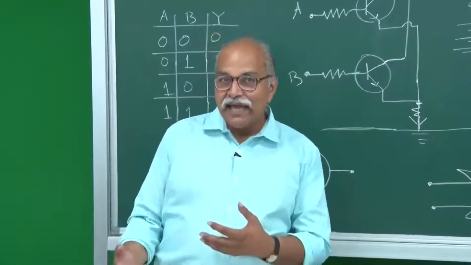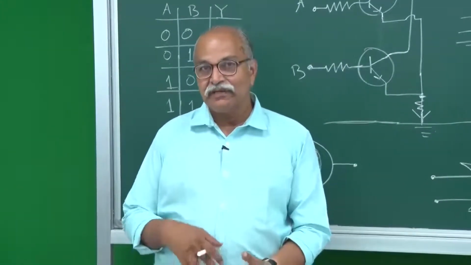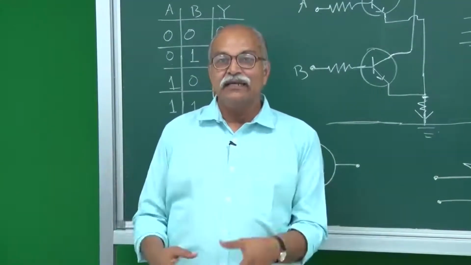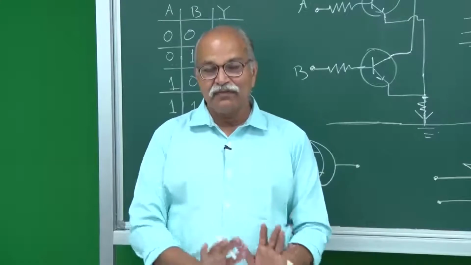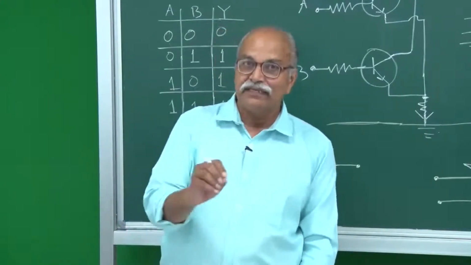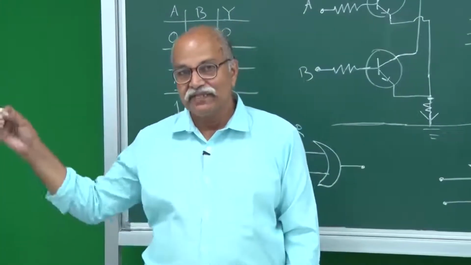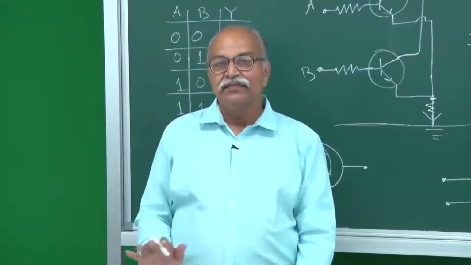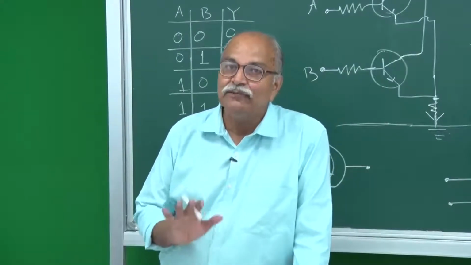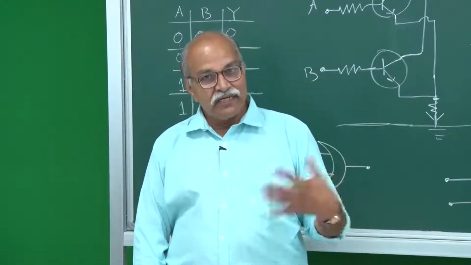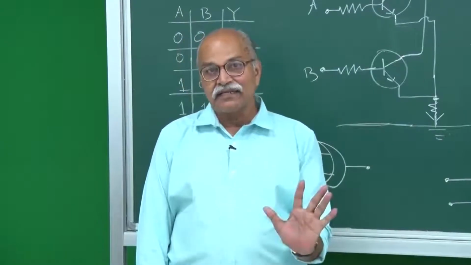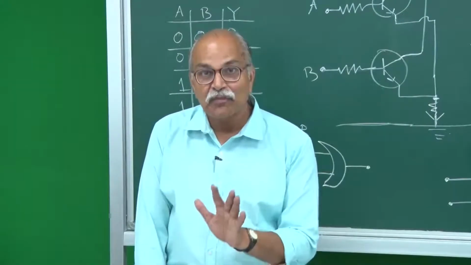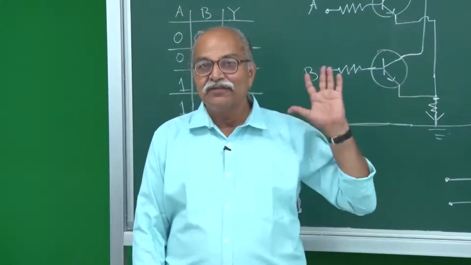You can make AND, you can make NOT, you can make OR, and any combination. So if you have a sufficient number of NAND gates, by connecting 1, 2, 3, 4, 5, 6, 7, 10, whatever is the desired digital circuit, you can make it using only NAND gates. And similarly, you can make any desired digital circuit using only NOR gates in proper combination. So that is why they are called universal gates.